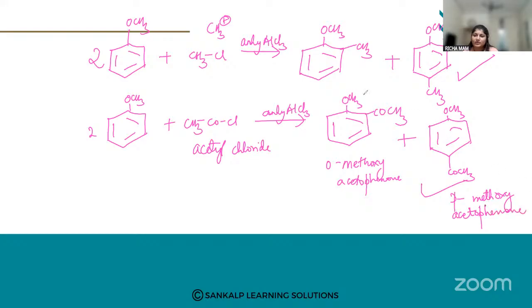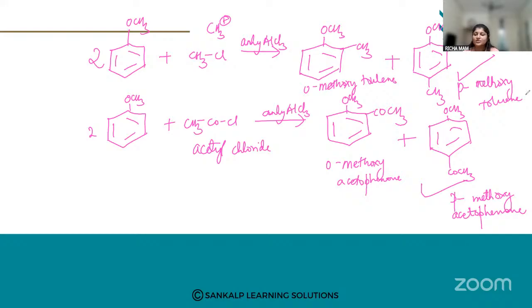And this is also what? Ortho methoxy toluene, and this is para methoxy toluene. Understood? So these are the Friedel-Crafts reactions.